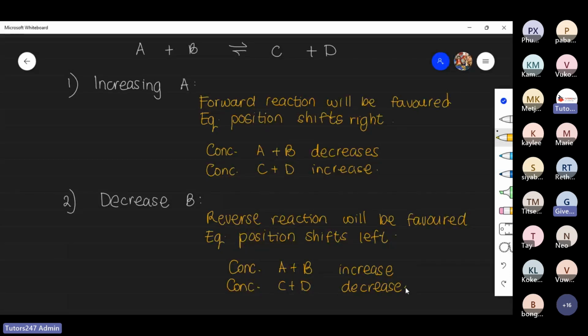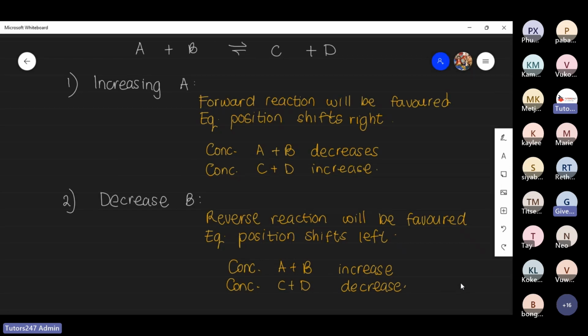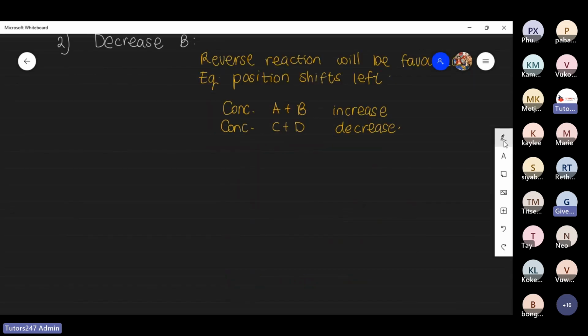I just want us to cover the theory so that everyone is on the same page and everyone is okay with what we are going to be doing within the past paper question. So we'll have a look at the theory related to concentration, the theory related to temperature, pressure, and our Kc values, okay? So let us investigate how our system would react if we were to increase C.